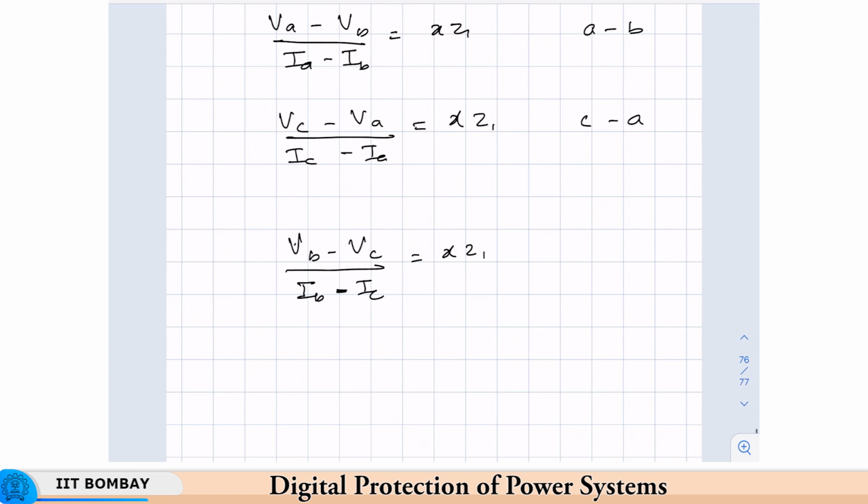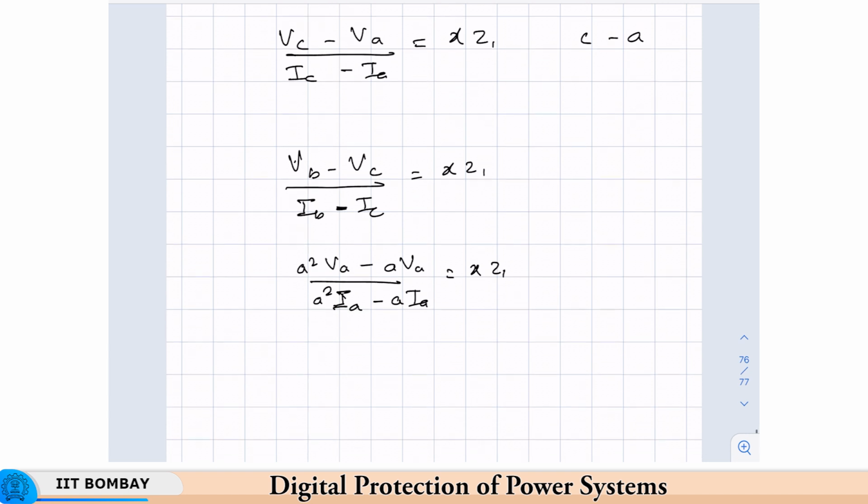Okay, so all these 3 elements, other than seeing the respective line-to-line faults, also will detect the 3-phase faults. So we have taken care of 2 sets of faults with these 3 elements. For the single line to ground fault, however, we will have to do something different. What is that? We will see.